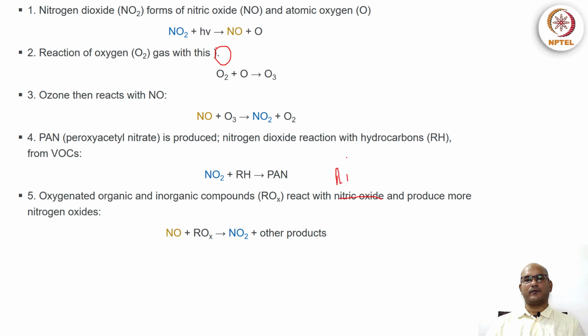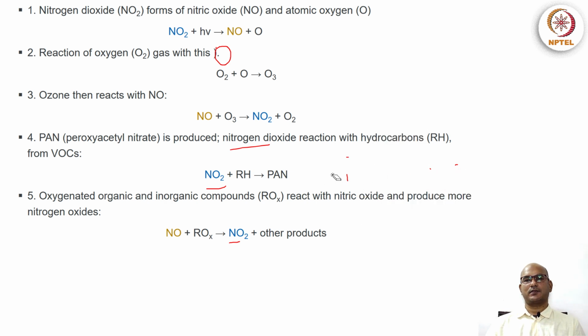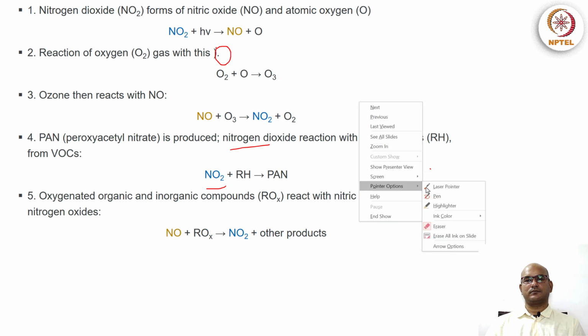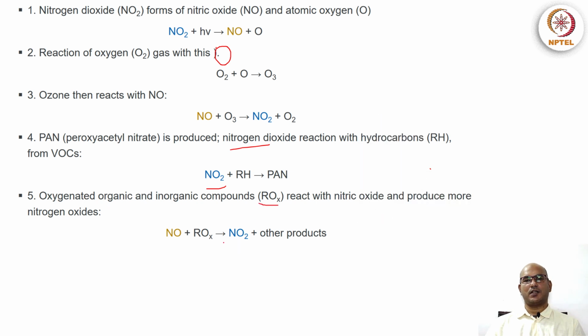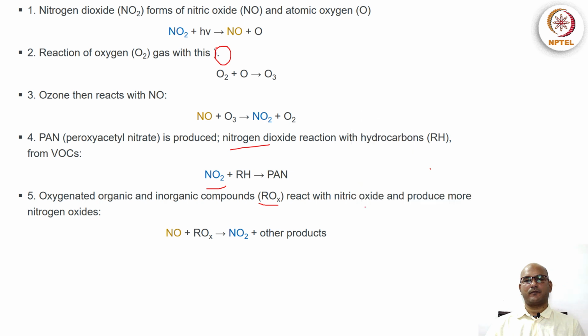These oxygenated organic and inorganic compounds ROX react with nitric oxide and produce more nitrogen oxides, in this case NO2, and then again NO2 goes back and starts this reaction again.